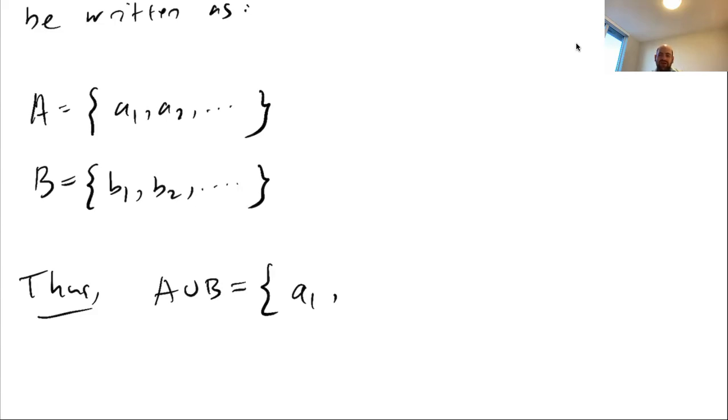So before I lose the opportunity to list B1, why don't I include B1 as the second element? Now I already listed one element from A, one element from B. And then I can go to the second elements. Now, the next element, I can list A2, and next element B2, then A3, B3, and so on.